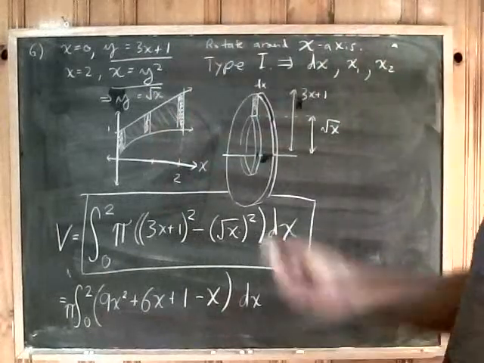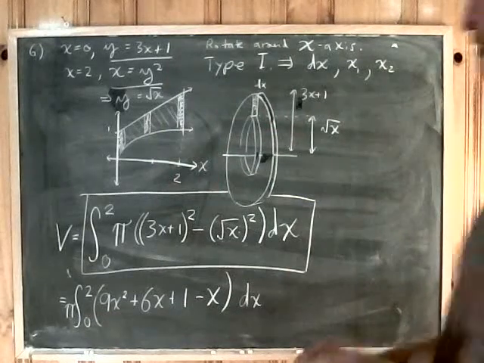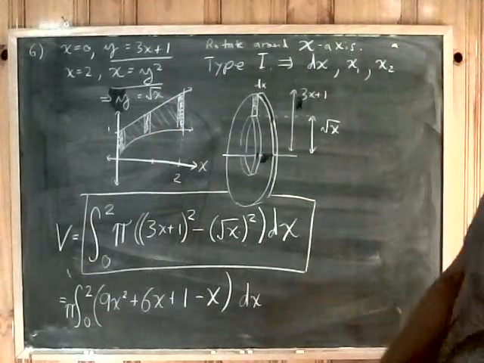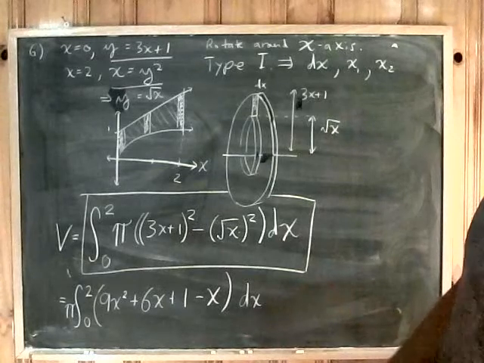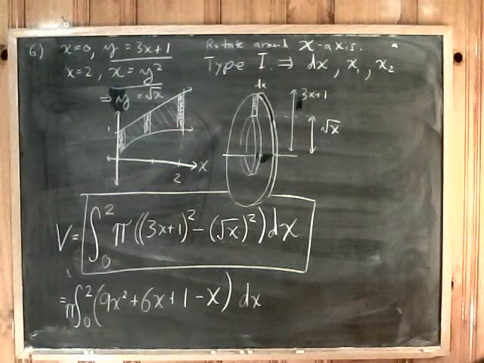Now I'll let you raise and divide that and plug in the 2 and the 0. Comes out to the total number times pi. Let's see.